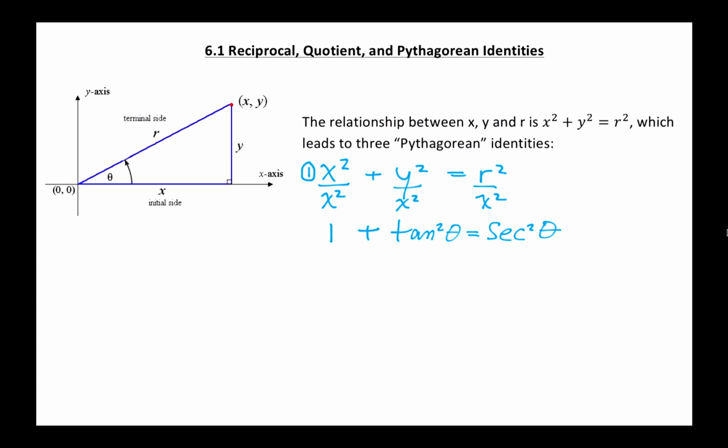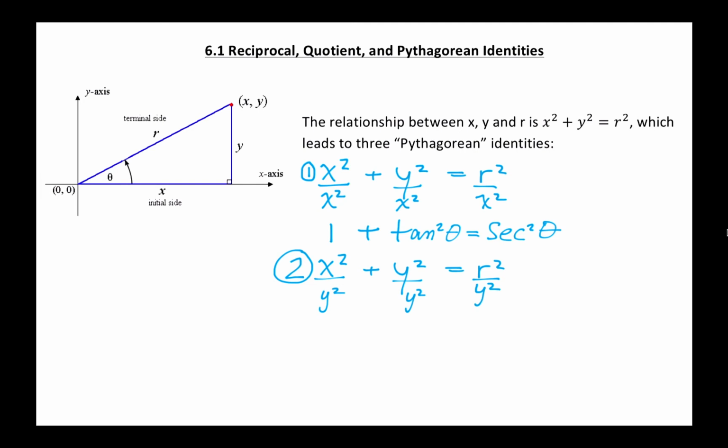So this is the relationship between tangent and secant, and it's called a Pythagorean identity because it came from this Pythagorean relationship.